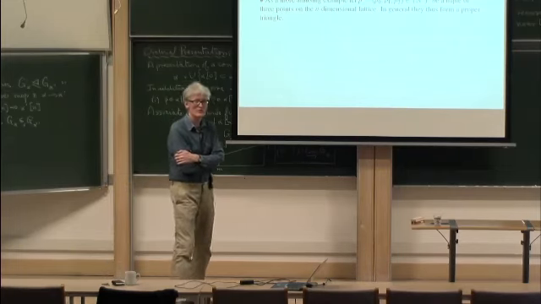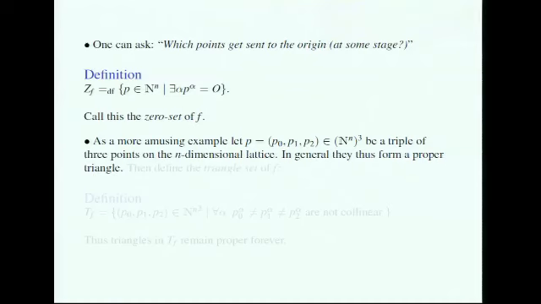Okay, so perhaps a more amusing example. Just look at triangles. All right, so take a triple of points on the torus here. Reapply the function all the time with this funny lim-inf at limit stages.